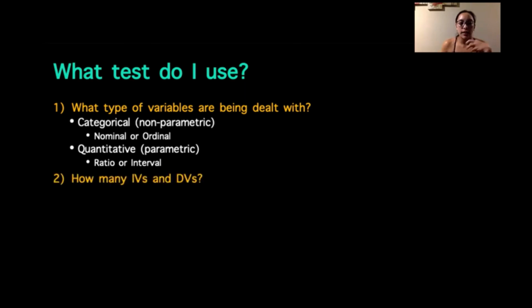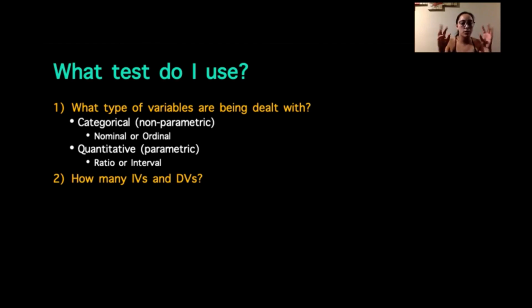How many independent and dependent variables do you have? Okay, if you have 1 versus 2, do you have parametric independent variables and parametric dependent variables, or parametric dependent variables and non-parametric independent variables? Right? How many levels of a given independent variable do you have?